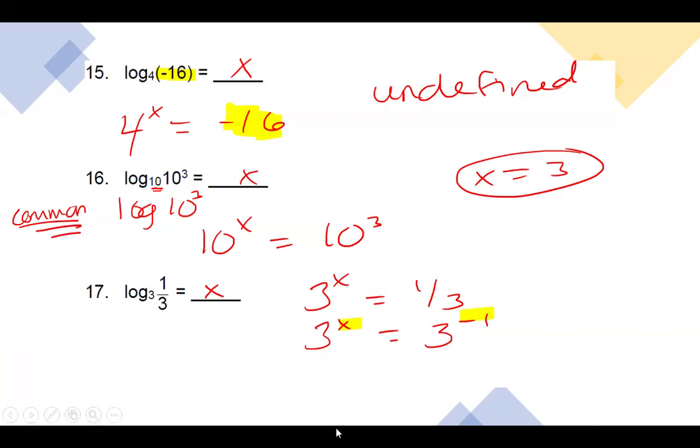When the bases are the same, all you're focusing on is the powers. So we end up with x equals negative 1. How do you feel about taking a fraction and turning it into a non-fraction? All right, let's keep going.